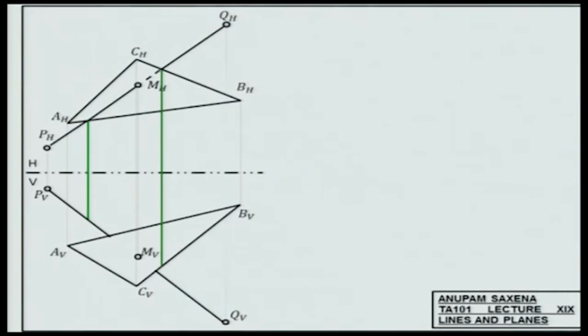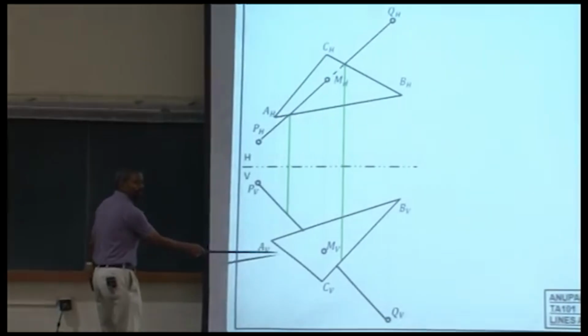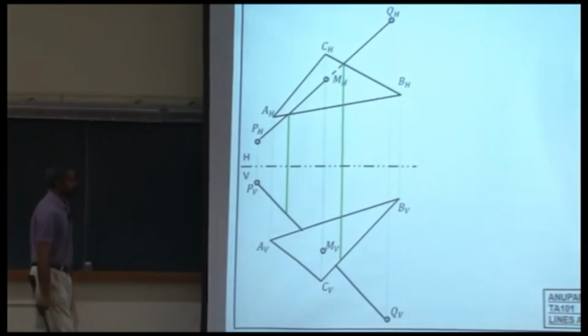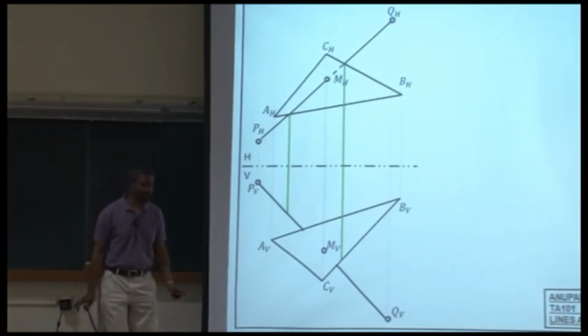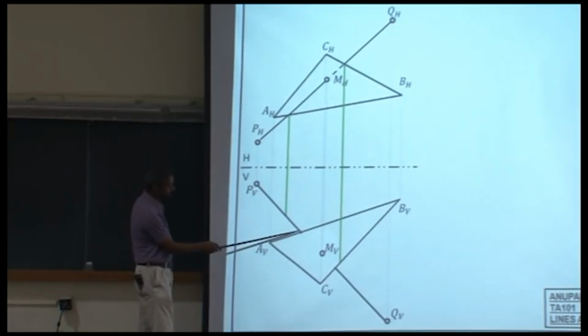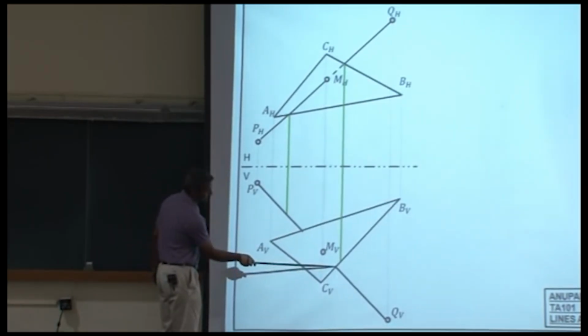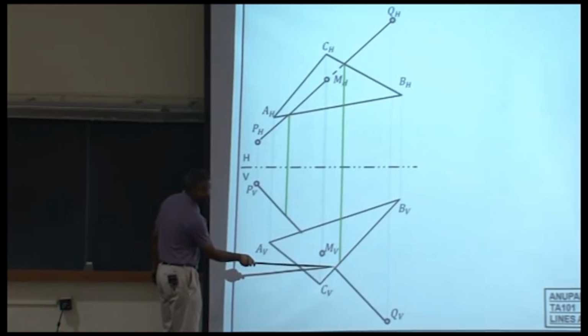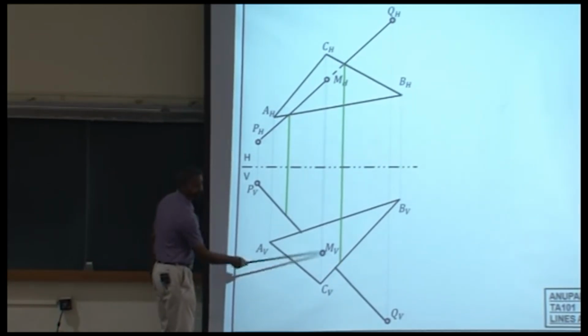Okay, I'll do the same exercise starting from this vertical plane. The points of intersection that I need to consider are this intersection between PV, QV and AB, BV, and this intersection between PV, QV and BV, CD.